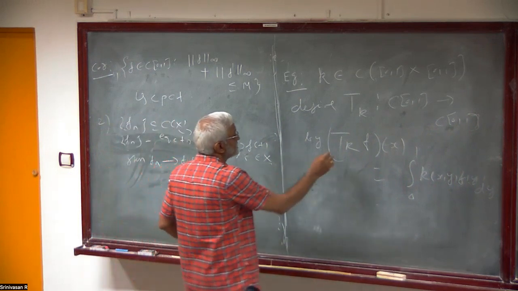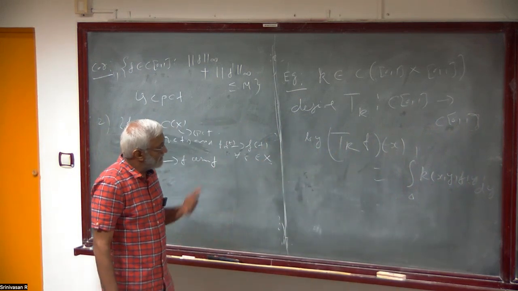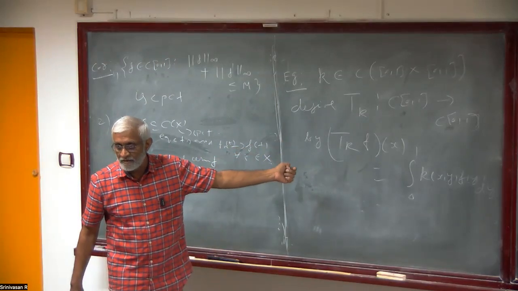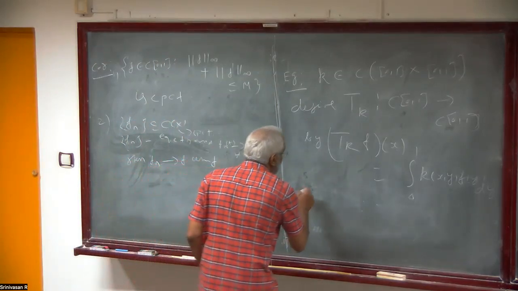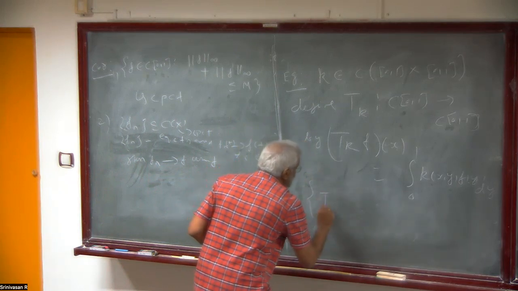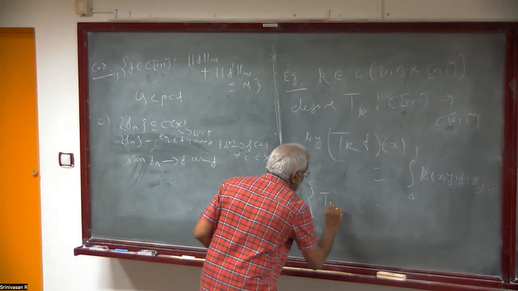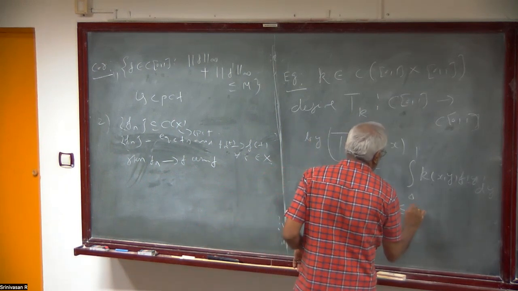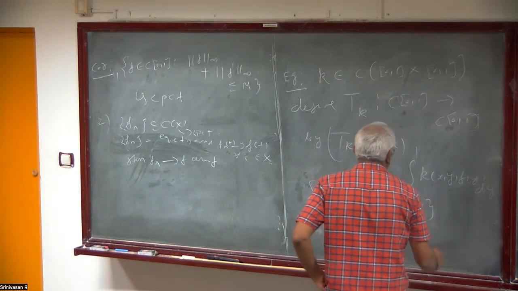Okay. Then the property I'm going to describe is what is called a compact operator. By compact operator, we mean the following: it takes bounded sets to compact sets. In particular, T_k f with norm of f less than or equal to some m is compact.